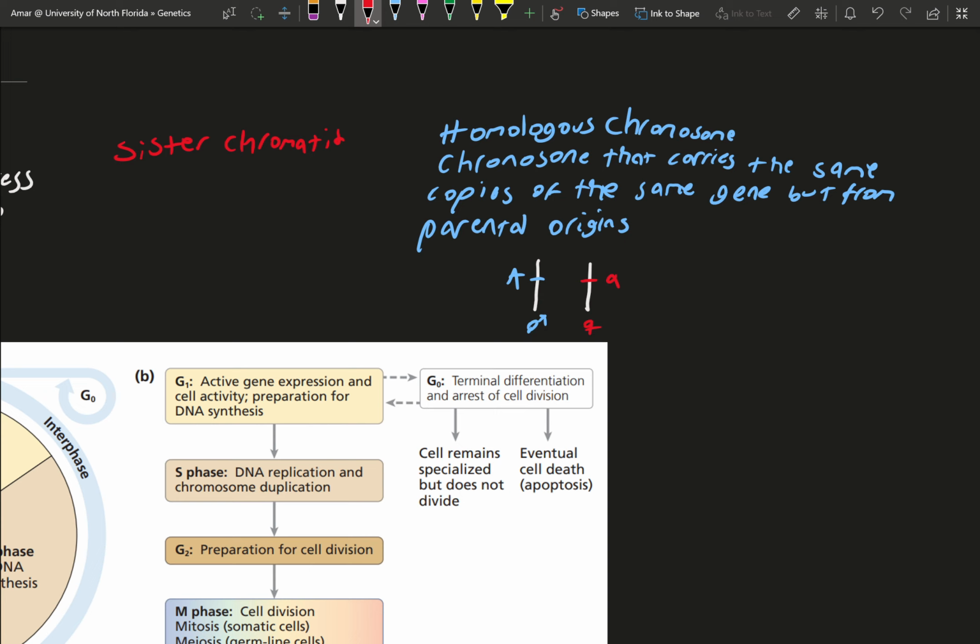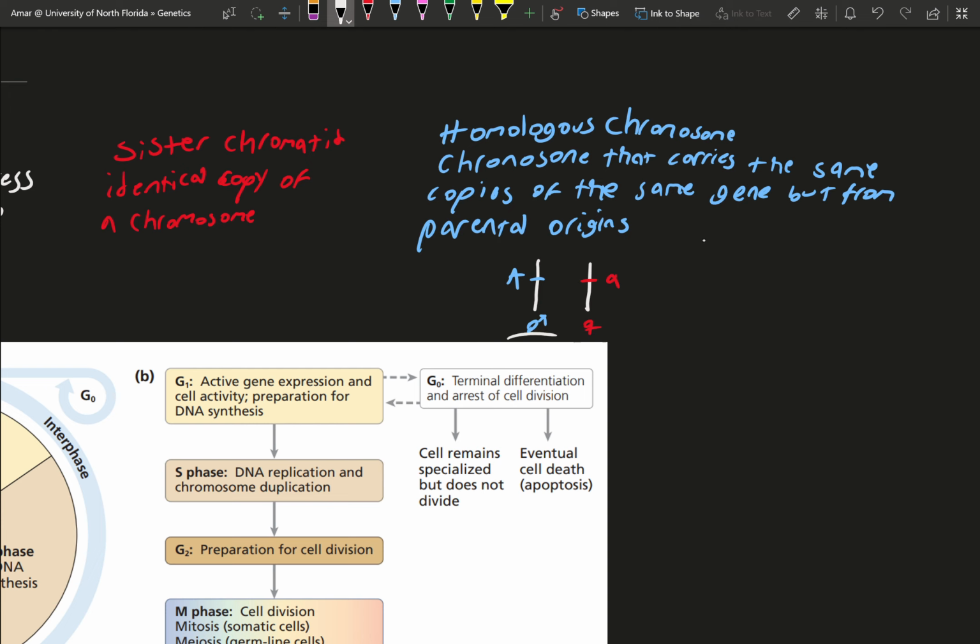And then a sister chromatid is basically an identical copy of a chromosome. Let's say we're still using this example.